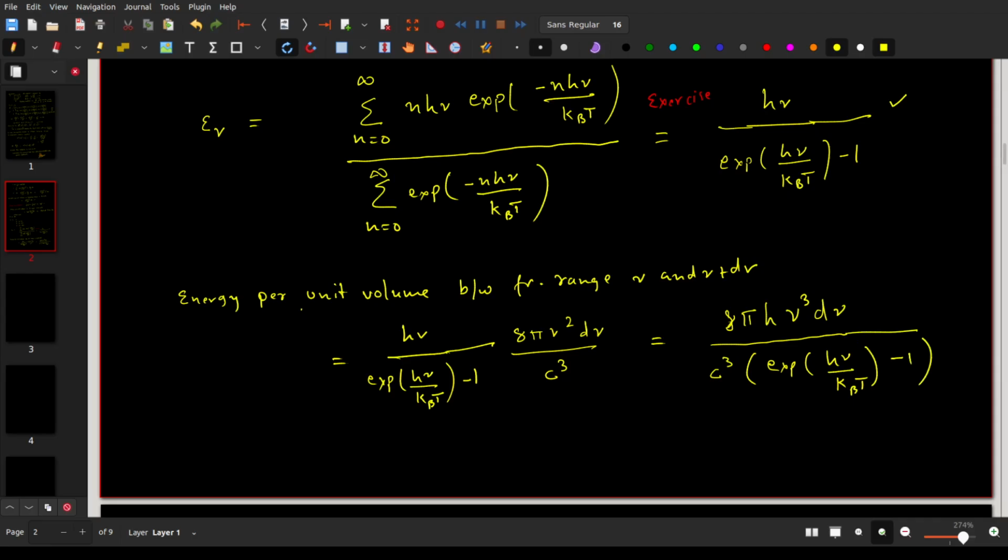So this is the energy per unit volume between frequency range nu and nu plus d nu. If we denote this energy as du, then we have du equals 8 pi h nu cube d nu divided by c cube exponential h nu by kBT minus 1, and this is known as Planck's law of radiation, Planck's law of black body radiation.